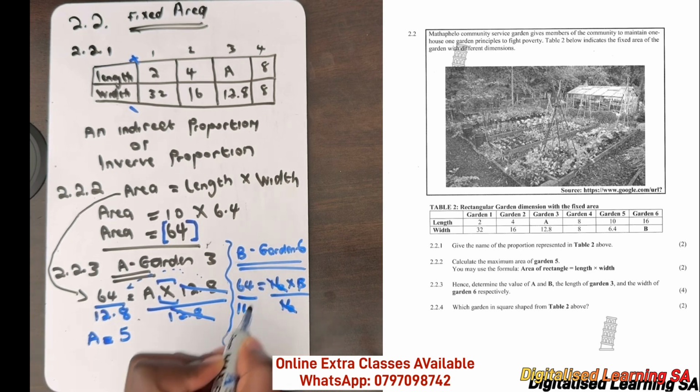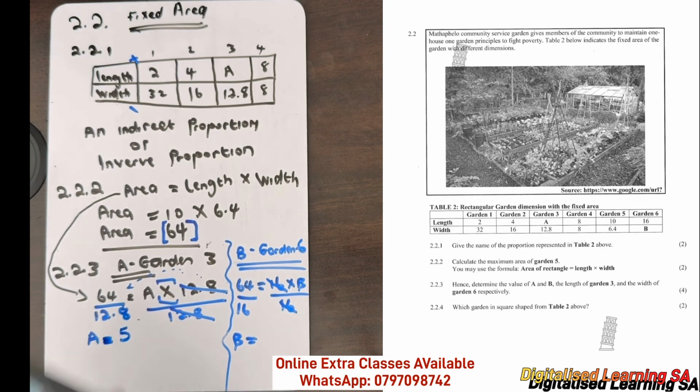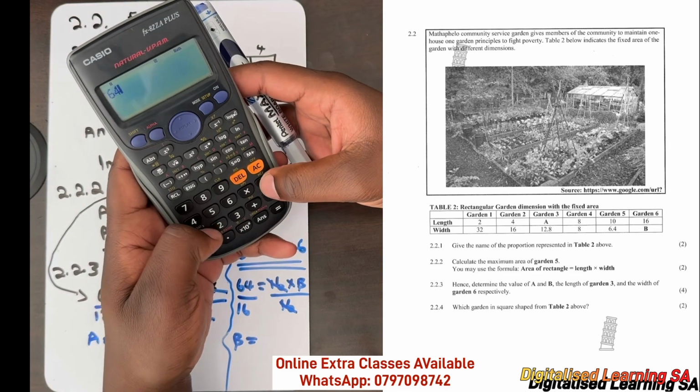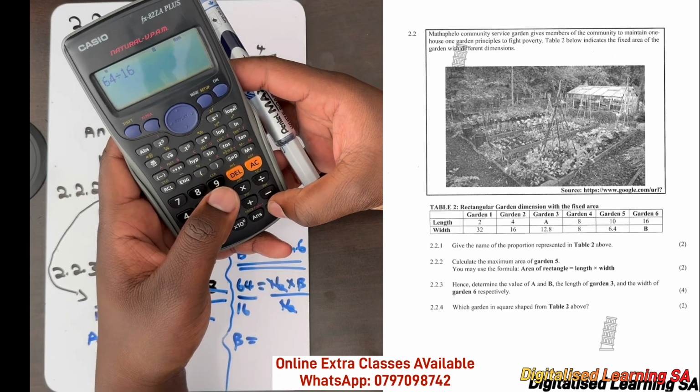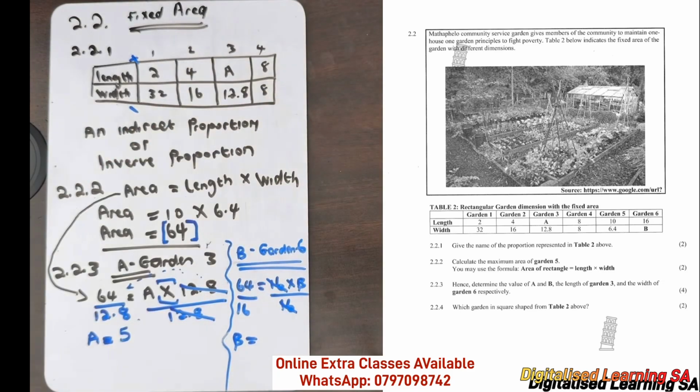The 16 will cancel, and B will be equal to 64 divided by 16. 64 divided by 16, the answer will be 4, meaning that our B will be equal to 4. Okay, so now we are done answering question 2.2.3, and we will be moving to question 2.2.4.